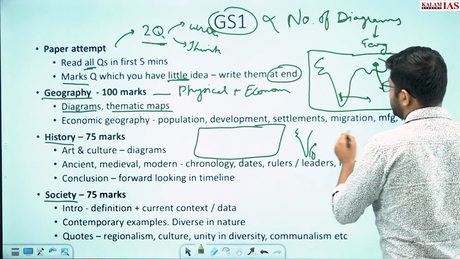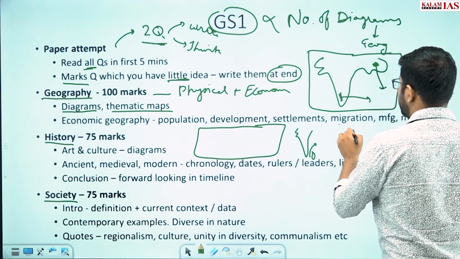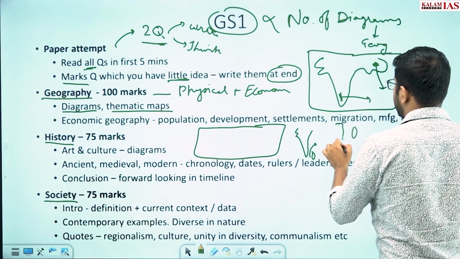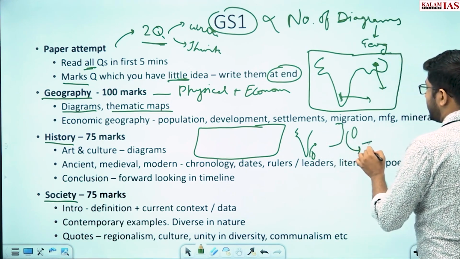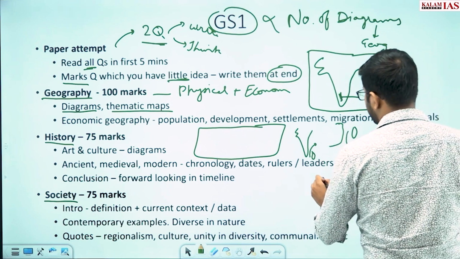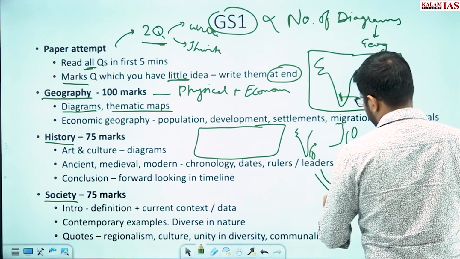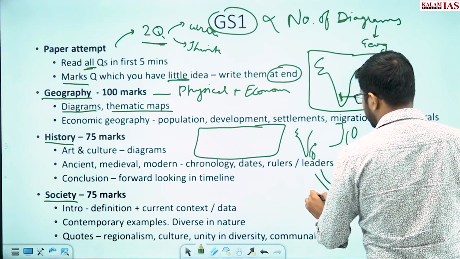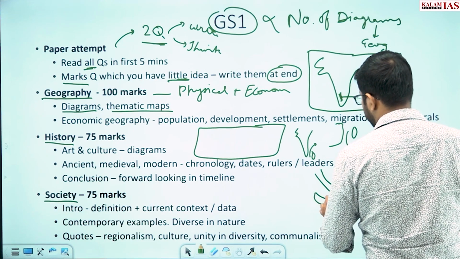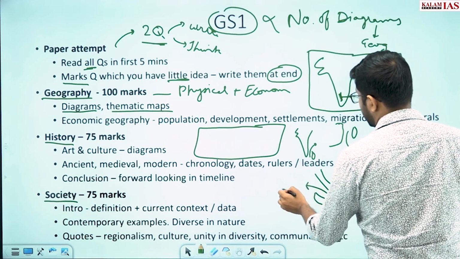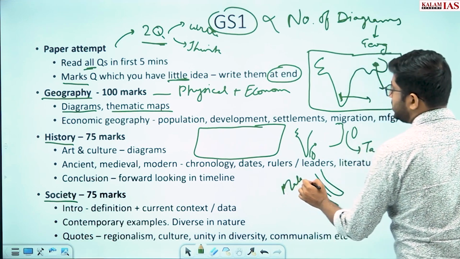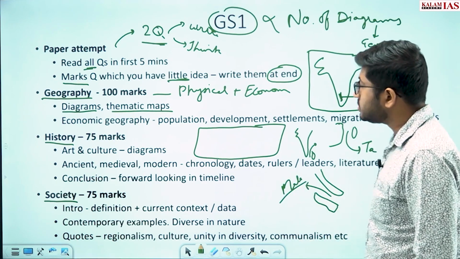Suppose you have to show Taiwan Strait, you make a small Taiwan here, China here, and you tell Taiwan Strait. Or suppose you have to show Malacca Strait, you show that this is Thailand, Malaysia, Indonesia, and this part of Indonesia, and you tell this is Malacca Strait. So this is the meaning of thematic maps.